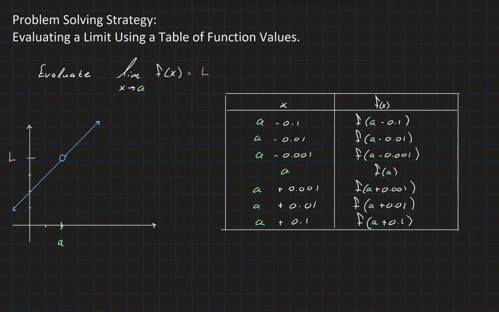Now this is nice because using this concept that we talked about before, when we're computing or evaluating limits, we're interested in seeing the behavior of the function as we approach from the left and as we approach from the right.